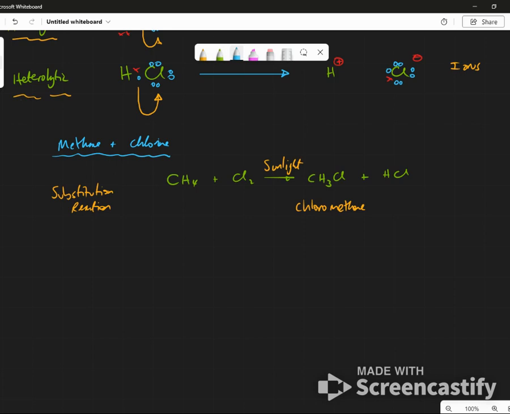Well, believe it or not, let me do that a bit nicer. That's awful. If we have a jar like this, and in the jar I've got methane and chlorine, and I expose the jar to ultraviolet light.